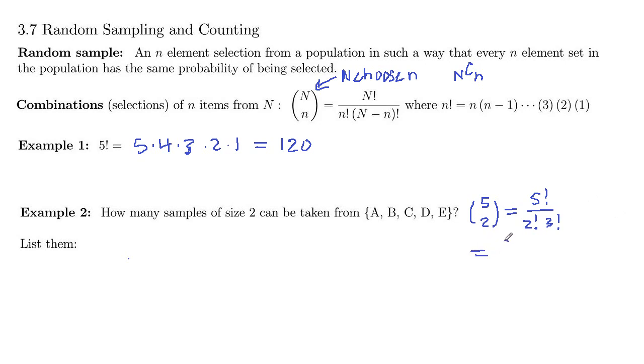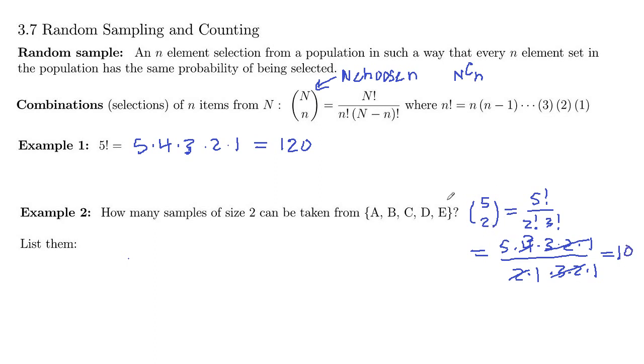So this will be 5 times 4 times 3 times 2 times 1 over 2 times 1, and then times 3 times 2 times 1. So 3, 2, 1, those will cancel. 2 will cancel into the 4 2 times, so this is 10 different samples.